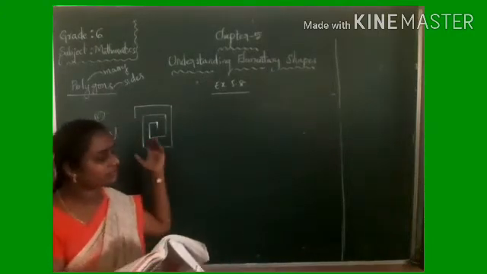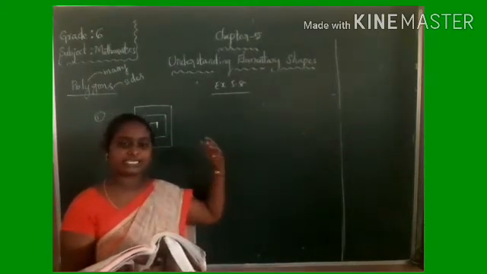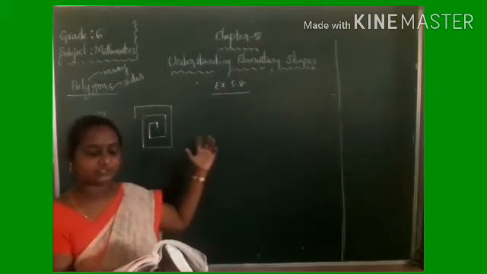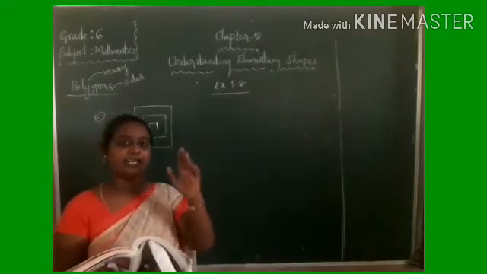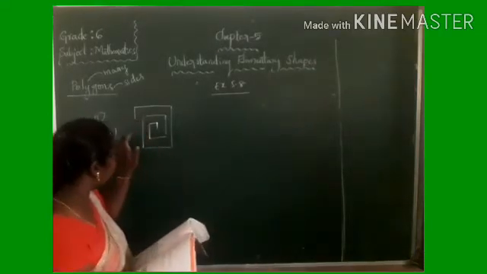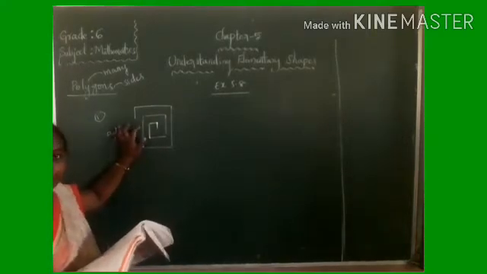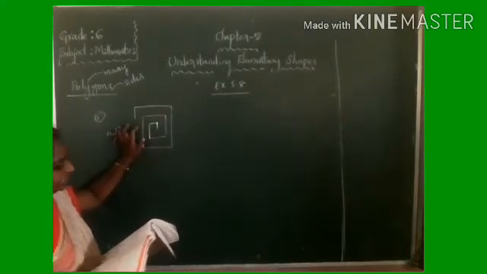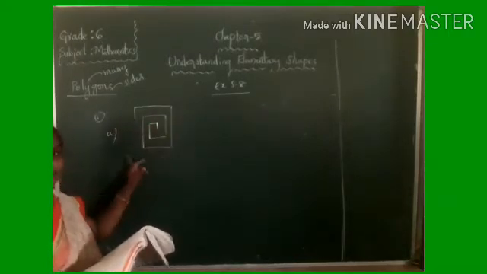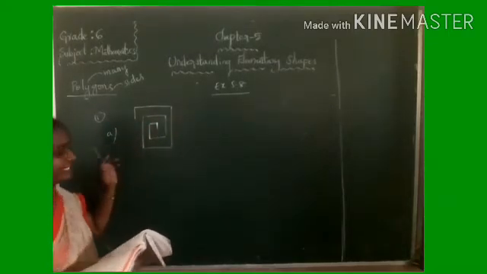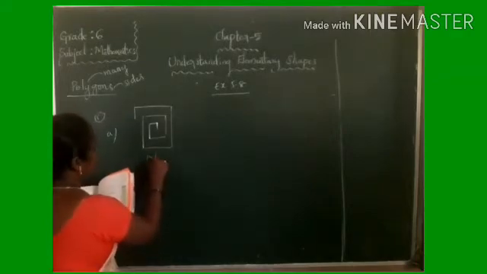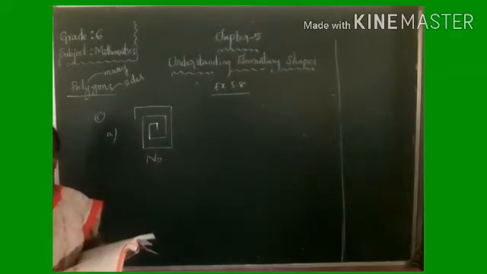Yes, polygon is a closed figure. It has more than 3 sides. Okay, so that means it is made up of line segments. Observe this figure. Tell me, is it a polygon? No, so it is not a polygon. Why? Because it is not a closed figure. Right? You have to write here. No, it is not a polygon.